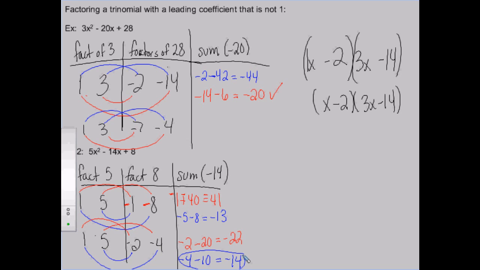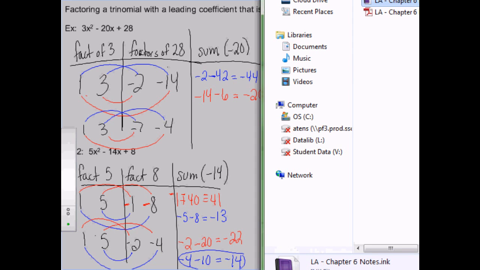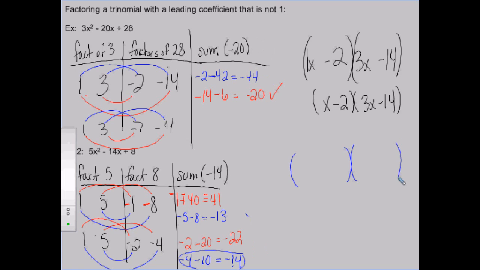The 1 and the negative 4 had to be multiplied together. That means one, negative 4. Well, if this is 1x, this is 5x, and if this is negative 4, this is negative 10.